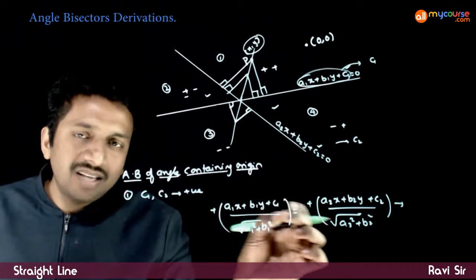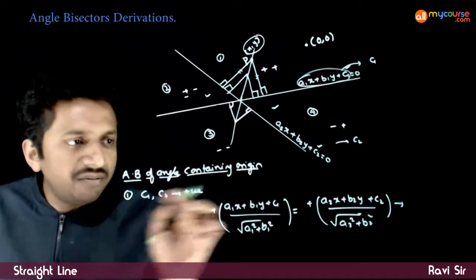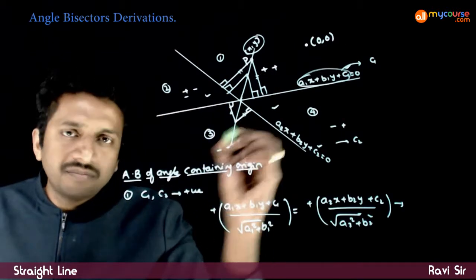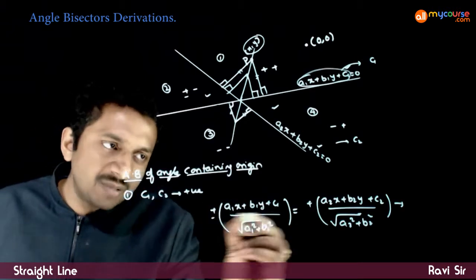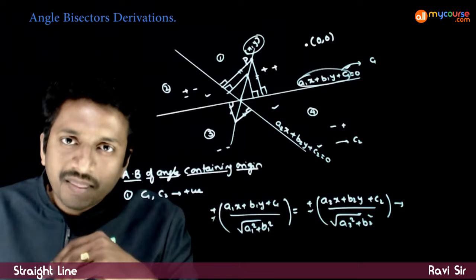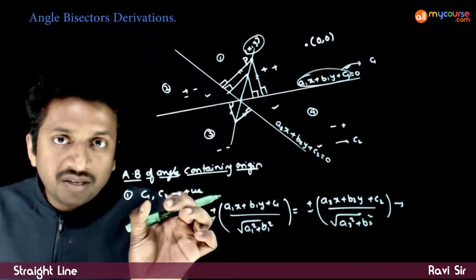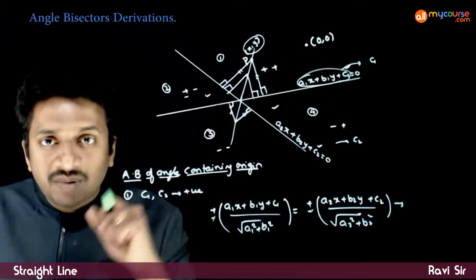If we equate plus to plus, effectively we are saying that both these numbers are positive or both these numbers are negative. Effectively plus equal to plus is the same as minus equal to minus, so these two signs will get cancelled out. So by making C1, C2 positive, we are sending the origin into the plus-plus region.